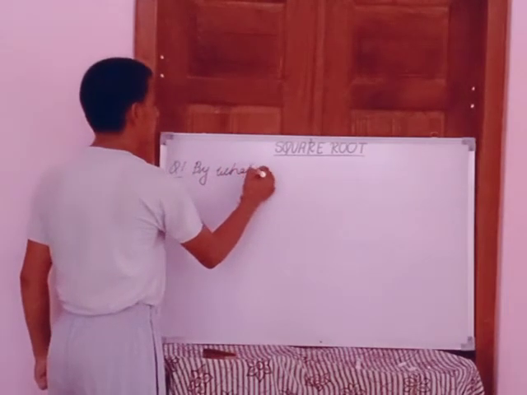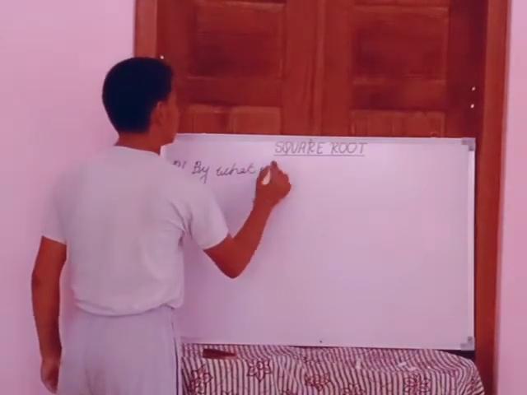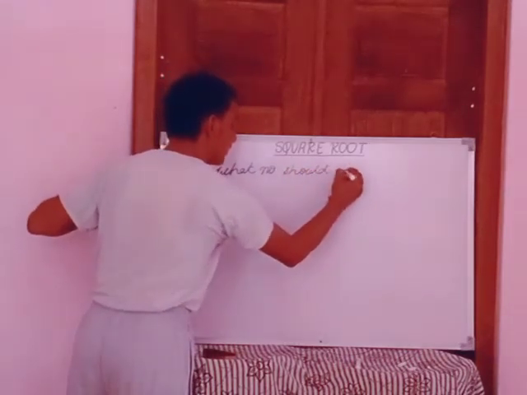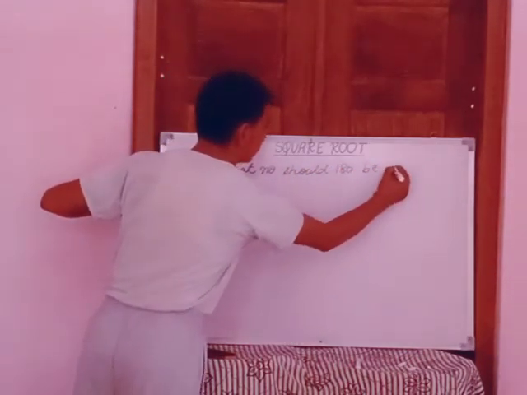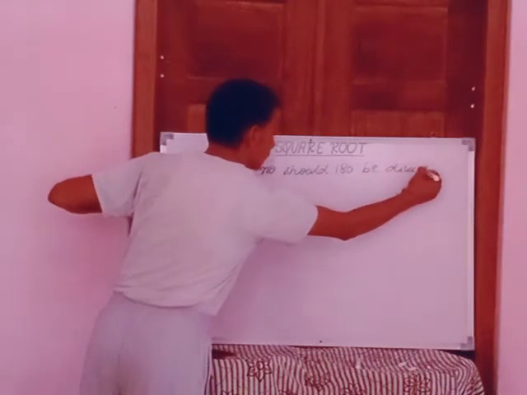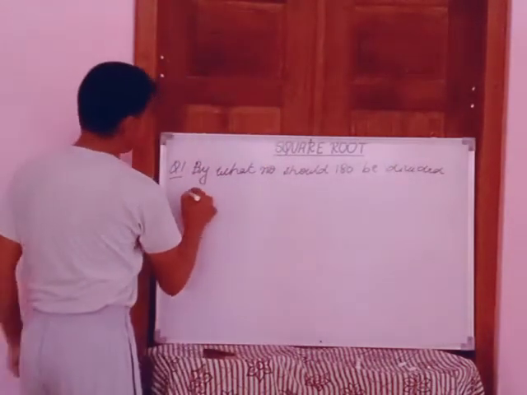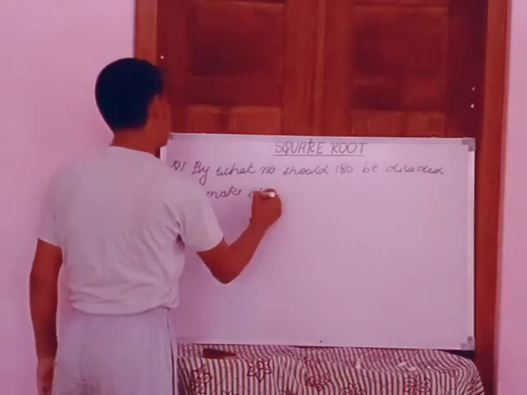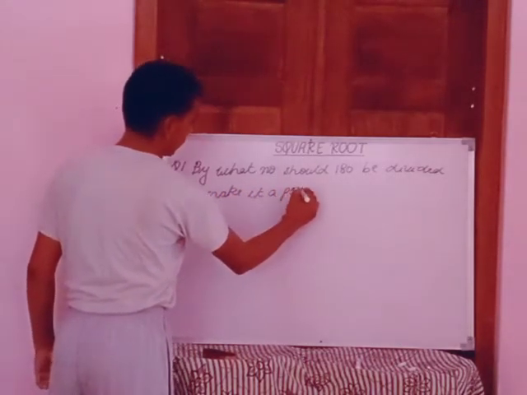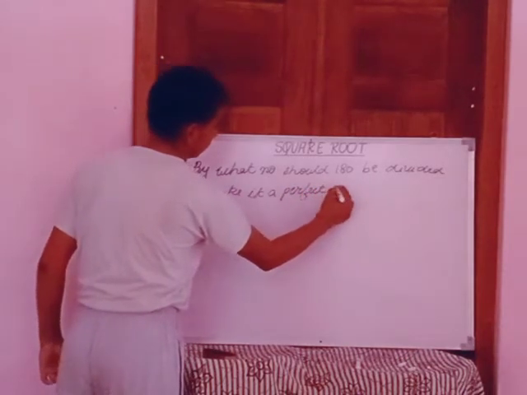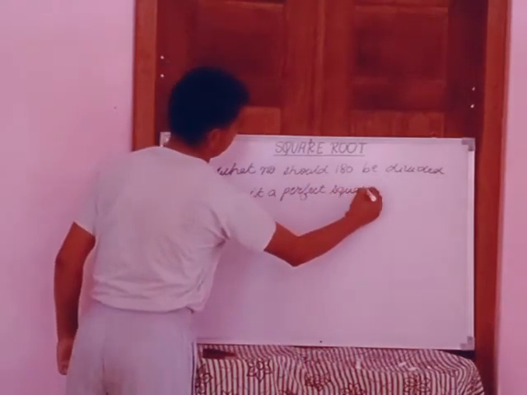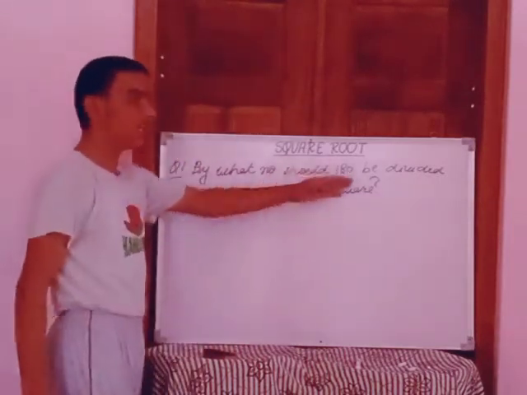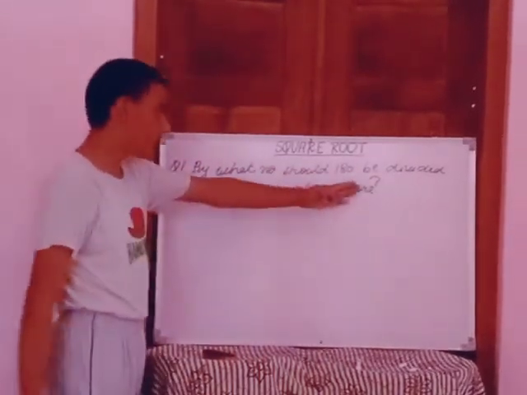By what number should 180 be divided to make it a perfect square? This is the question. By what number should 180 be divided to make it a perfect square number?